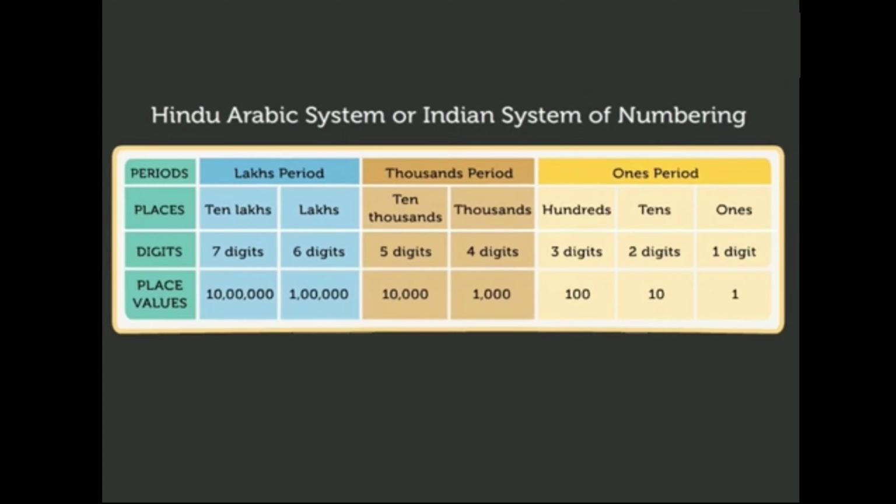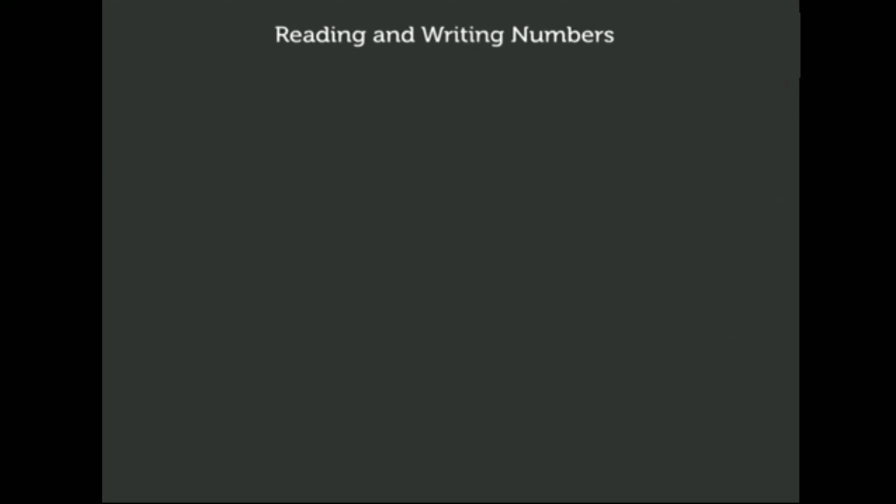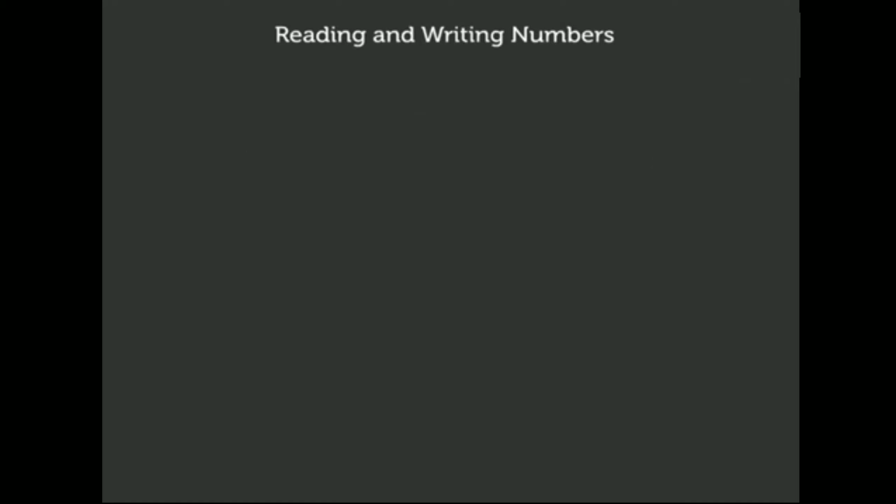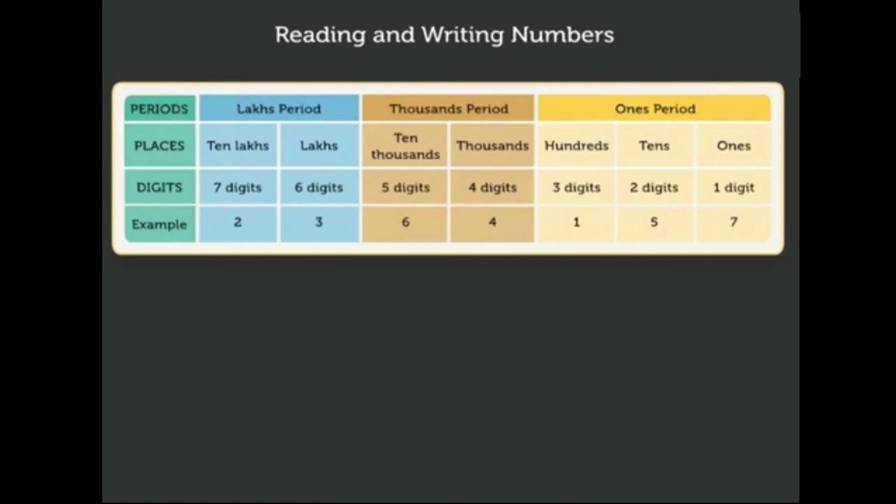Now let us learn to read and write numbers using the Hindu-Arabic number system. We write the number in the standard form using commas and read them using periods. Let us take an example to understand it in a better way.